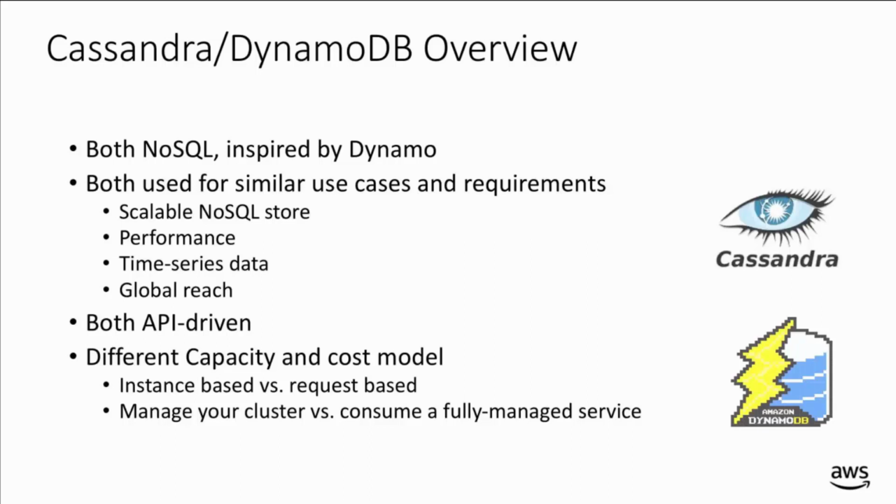So on the one hand, instances can absorb bursts as essentially they over-provision, right? And the request-based model, on the other hand, scales more seamlessly and incrementally, and it also allows you to scale down better.